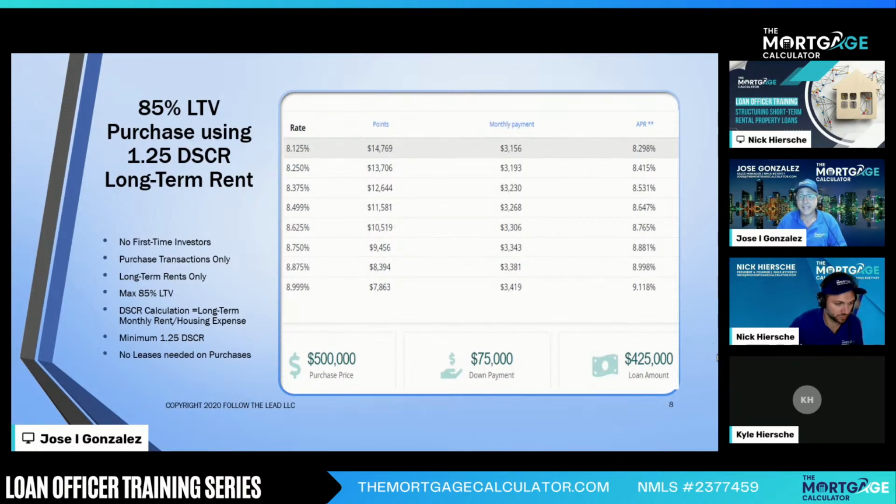So that's key, because you would be reaching out to your realtor partners, probably the realtor that referred you this deal or the realtor that this borrower could be working with, and you're going to ask them to please provide you some rental comps, long-term rental comps for the area.